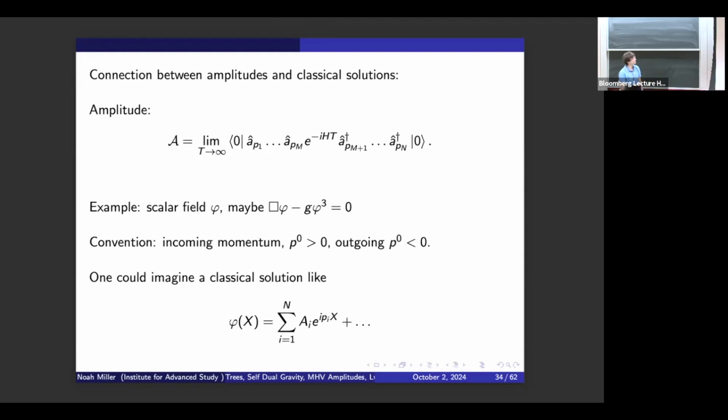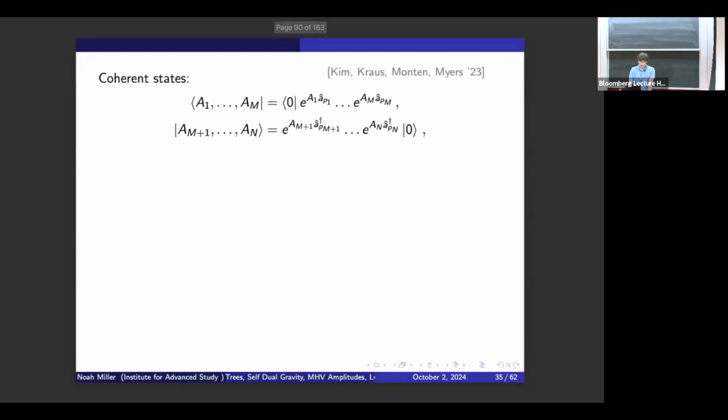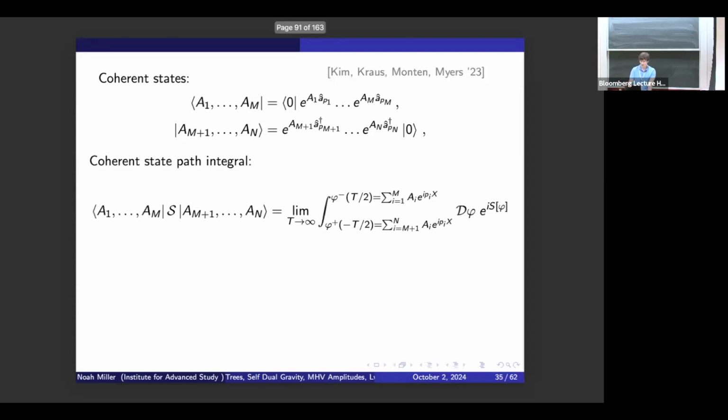One could imagine a classical solution where you start with some sum of plane waves, then progressively solve to higher orders with your interaction term, which would be higher orders in A as well. In the free theory, you can always define coherent states using exponentials of the creation and annihilation operators.